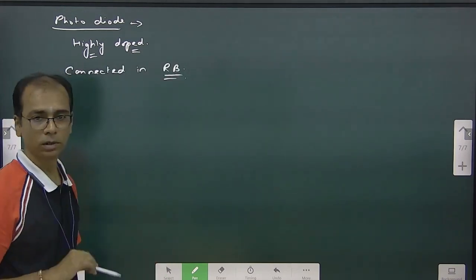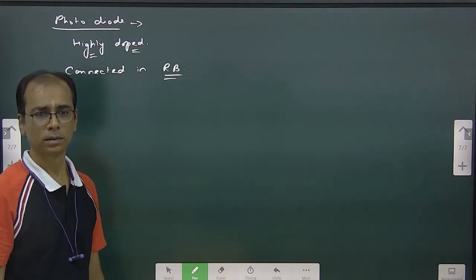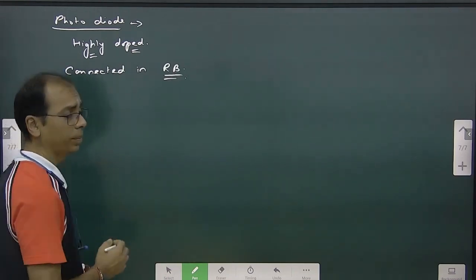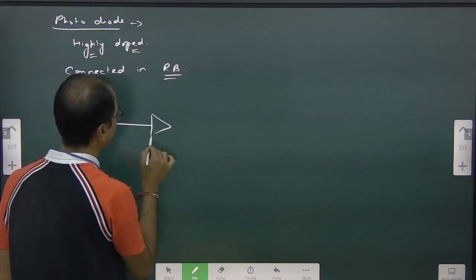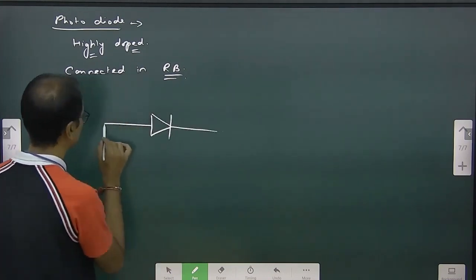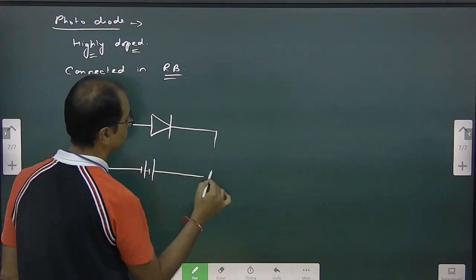That means there is no current. Reverse bias means no current, right? Let's see, I am making it this way only. PN junction diode, this is how it's connected in reverse bias. There is no current, right?